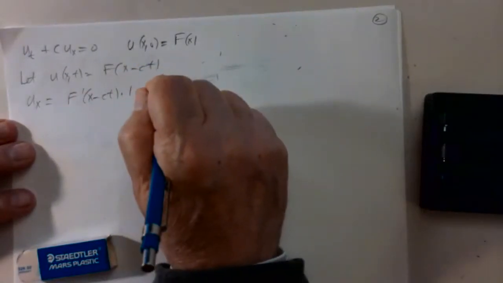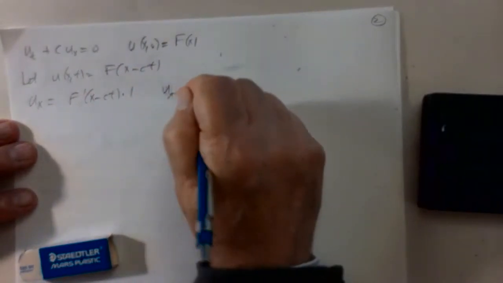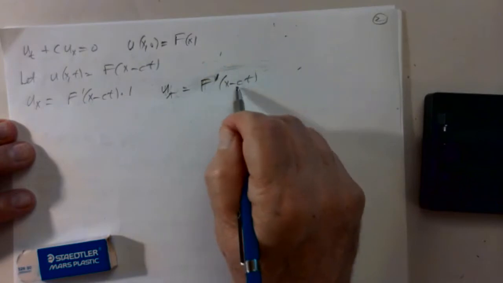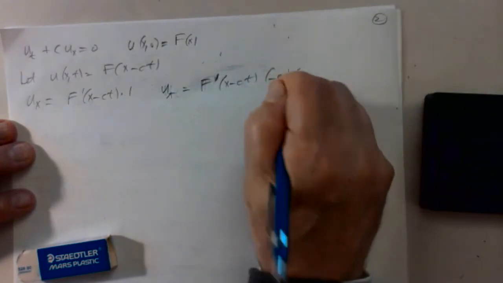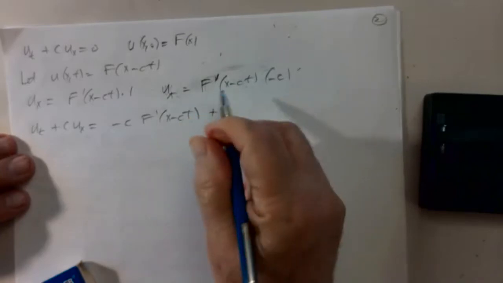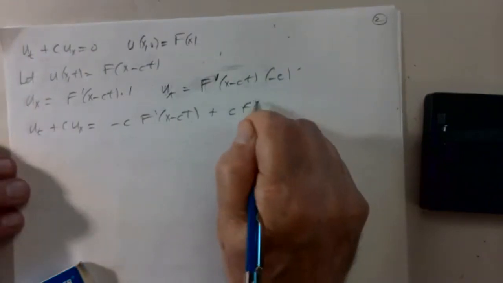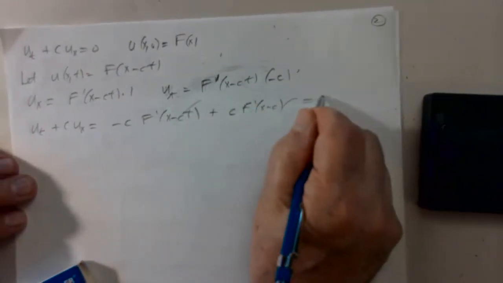The partial of u with respect to t is F prime of x minus ct times the derivative of x minus ct with respect to t, which is minus c. So we see that u sub t plus c u sub x is minus c F prime of x minus ct plus c F prime of x minus ct. These cancel, we get 0. So this is a solution.